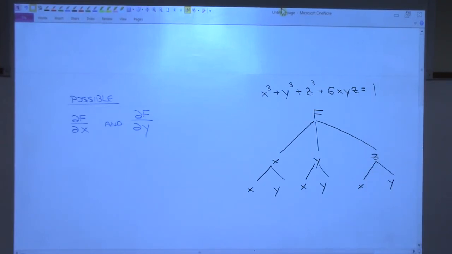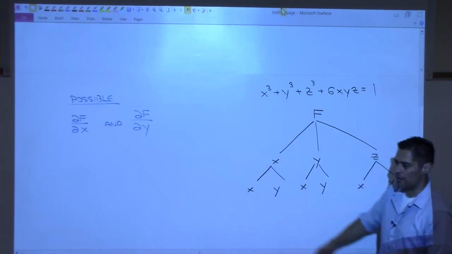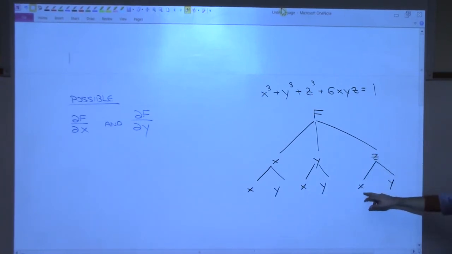Nope, because look, the bottom row is what we're going off of, right? Because if I know x and y, then I'll know z and back up.